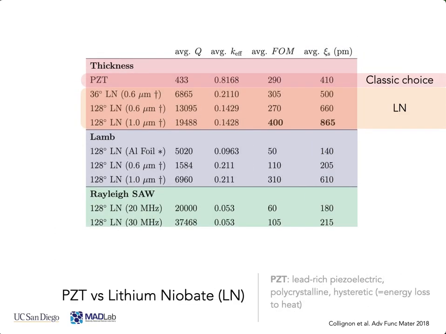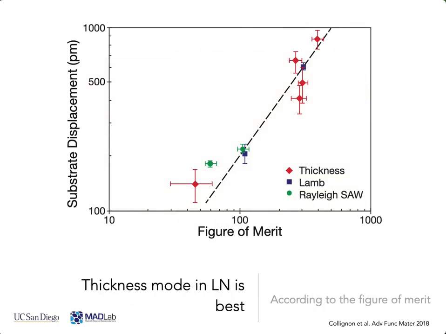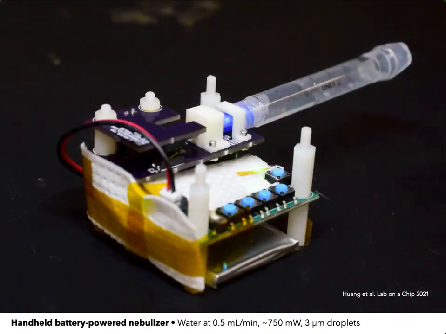So in any case, you can plot the figure of merit versus the substrate displacement. And you find that PZT is at the lower left, so it's relatively poor. The Lamb and Rayleigh SAW materials are in an intermediate range, and then the lithium niobate thickness mode devices are arguably the best.